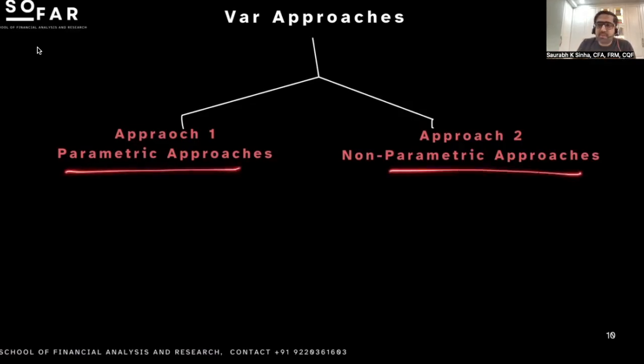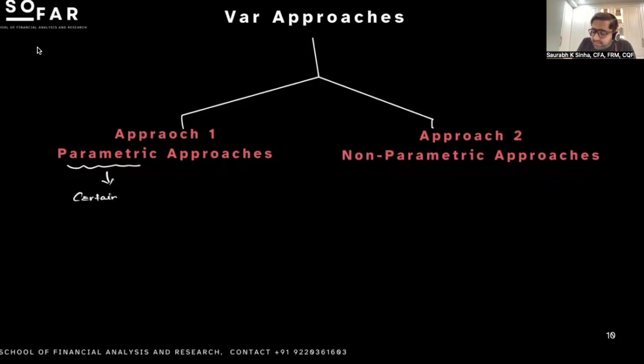Another is the non-parametric approach. Whenever you see the word parametric, irrespective of whether you are discussing VaR or anything on the planet, parametric means we are assuming a certain distribution. What distributions have we studied so far? Normal distribution, t distribution, chi-square distribution, F distribution, and binomial, Bernoulli, whatever. Exponential, beta.